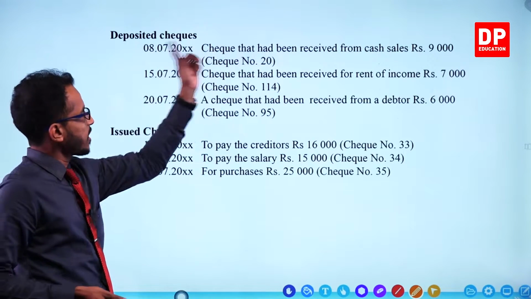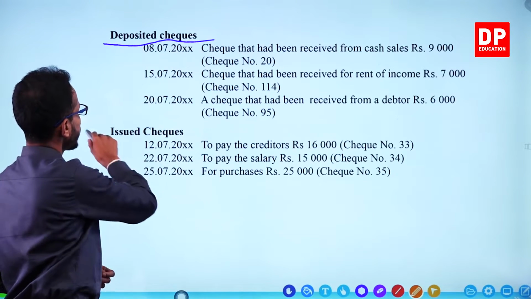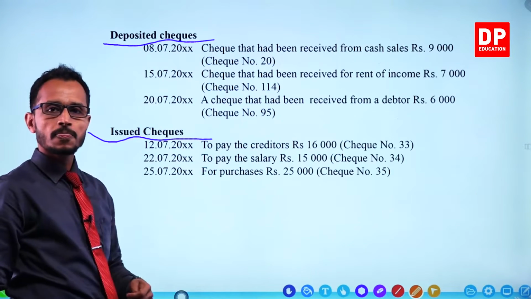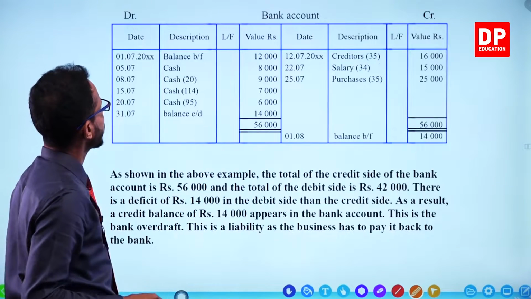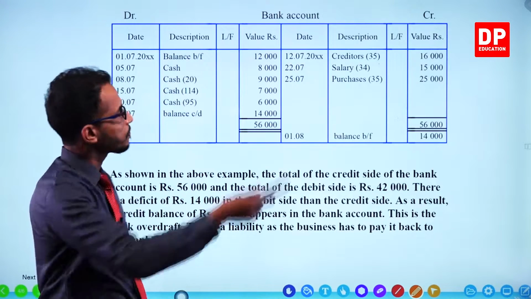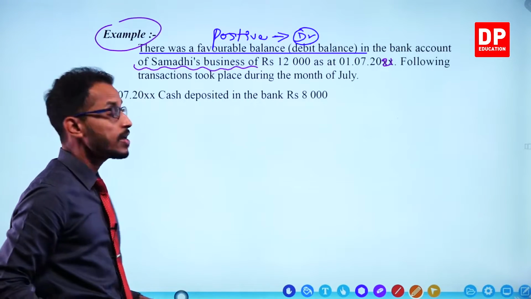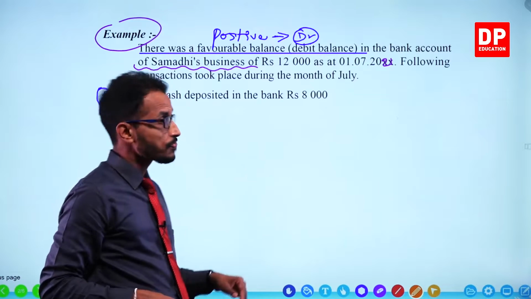And they have given some information about deposited checks and issued checks. Bank account will be here. Here you go. This is the bank account. Let's see how the bank transactions have been recorded in that bank account.